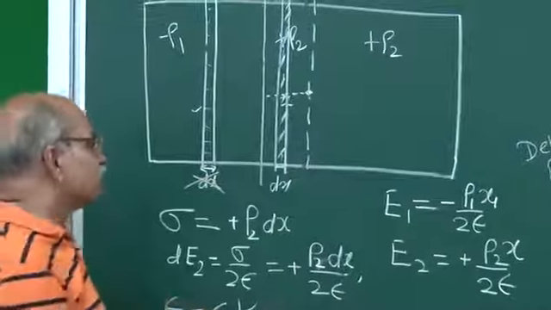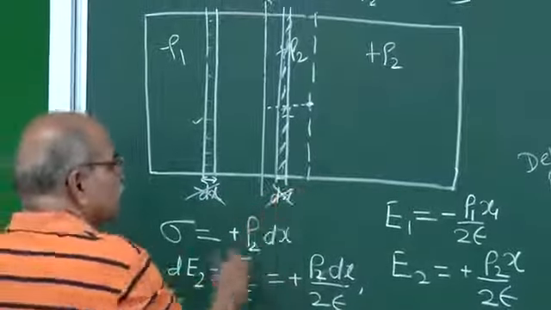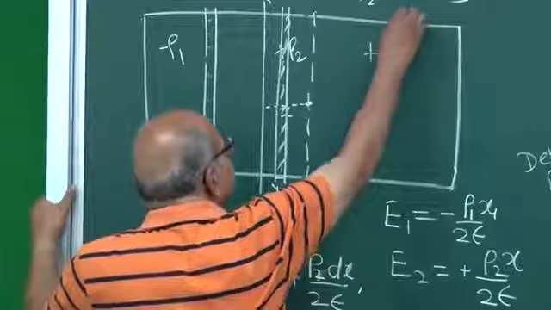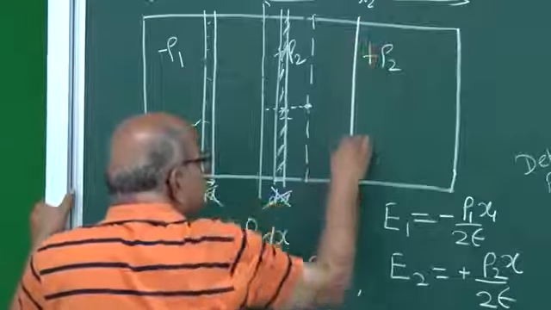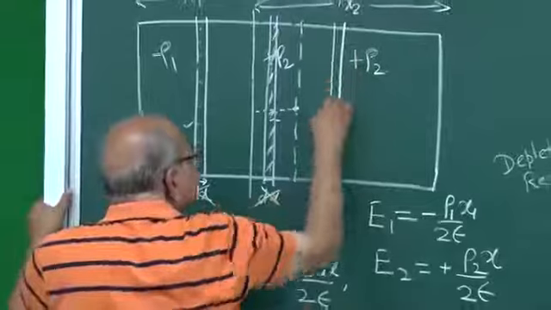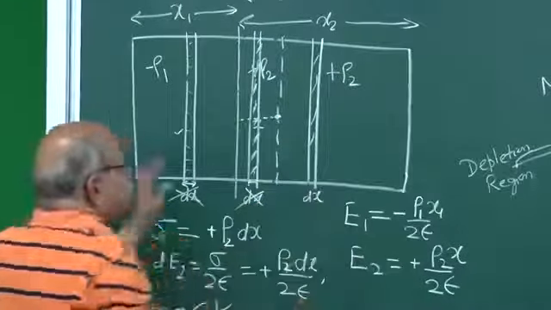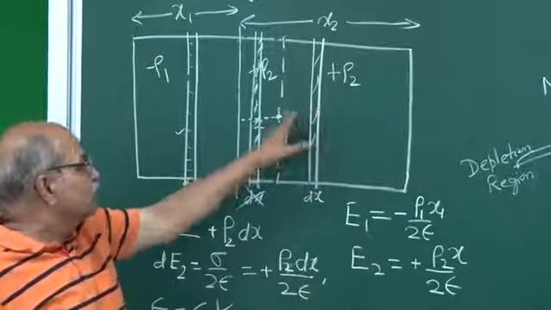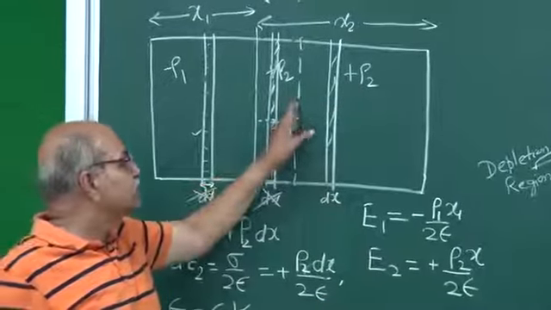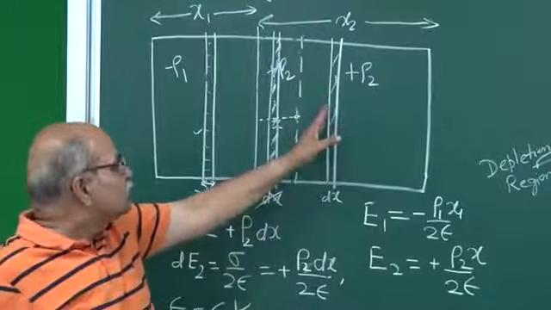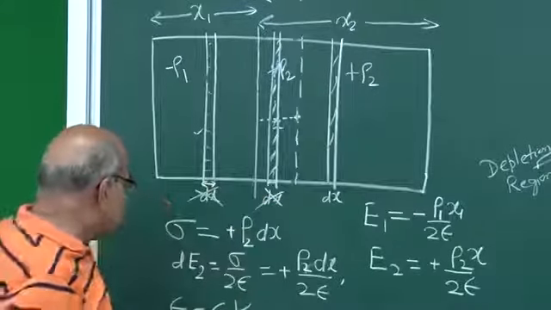What remains? This part, the electric field due to this part. So let's calculate that also. This dx is also over. Now let me take a layer here, this dx, and because of this you calculate the electric field here and then integrate from this point to that point. So once again you can write dE3.